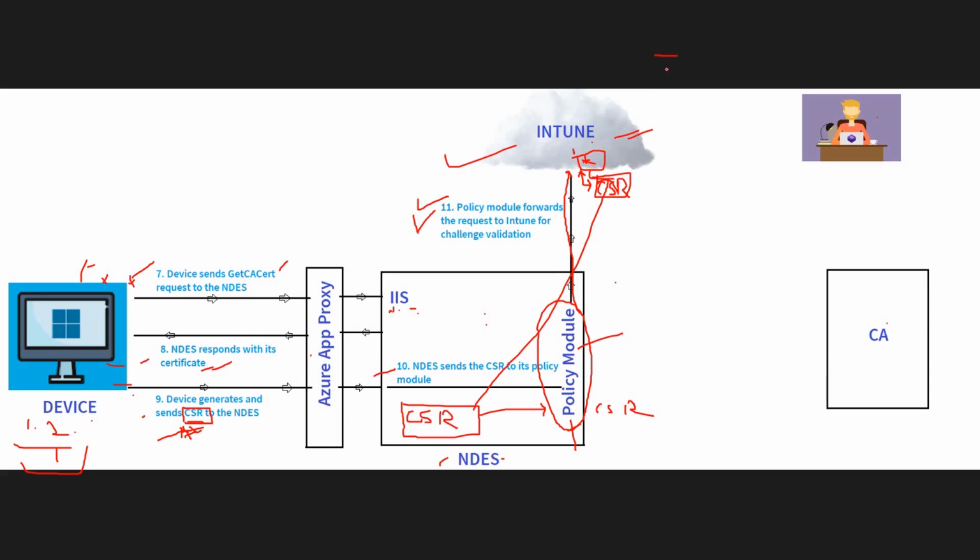It is going to check whether the user is genuine or not, whether the challenge is correct or not, whether the time to live for that challenge is correct or not, just like whether the OTP has expired or the OTP still exists. Now, these things are logged in the Intune service, but it cannot be seen by everybody.